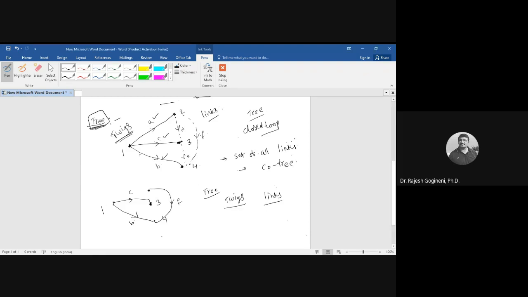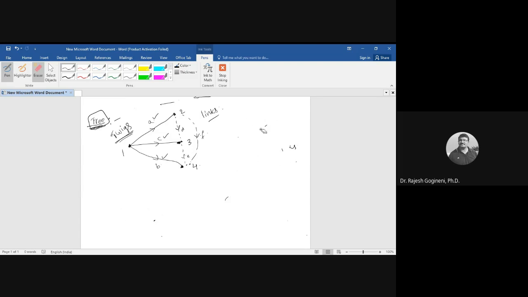If you see the first diagram, this is the example for the tree. What are the branches of the actual tree? The branches of this particular tree are A, C, B. D, E, F are called the links, the branches of the co-tree.